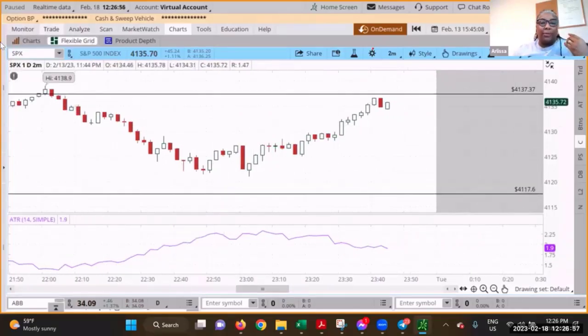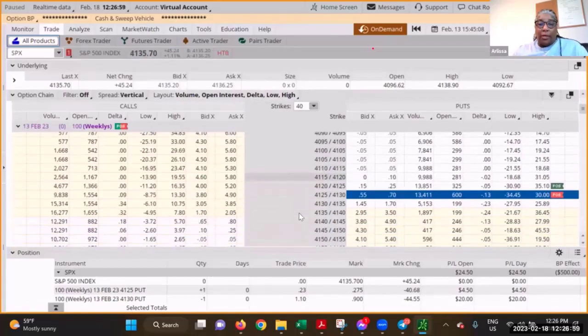Let's look at what are the premiums here. At 41.25, the premiums are $15. This is the 41.25, and at 41.40, the premiums were $65. So put together, you still end up with the $80 if you were going to do an iron condor at that time.